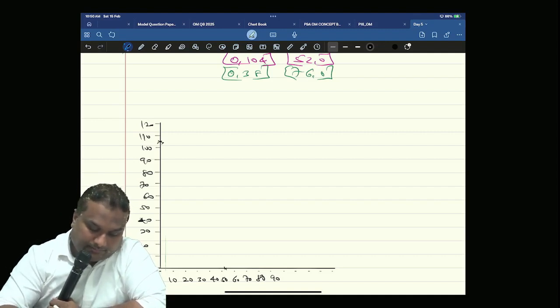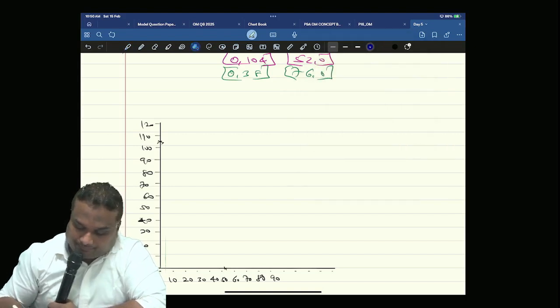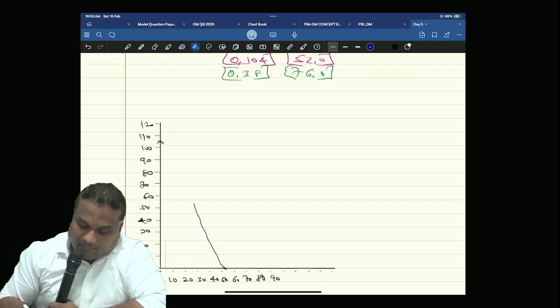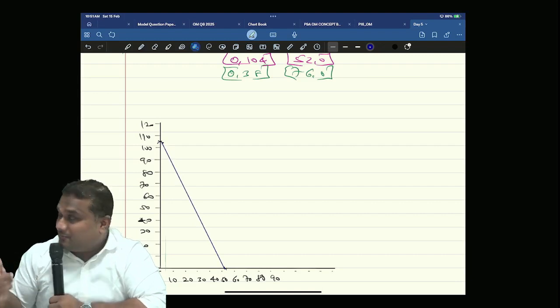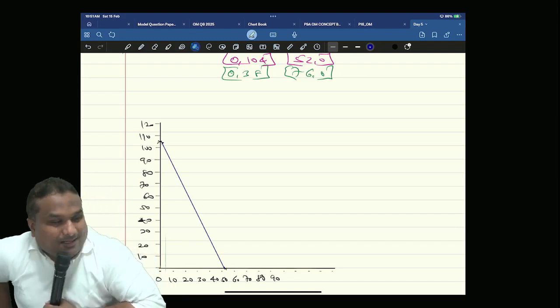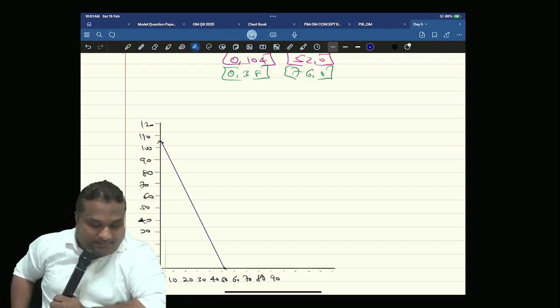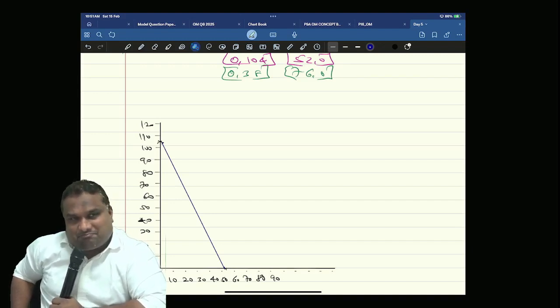Now look at the board. Without having any bend, you should be able to draw. See how beautifully I have done? Can you do like that? No. You should have such a skill.